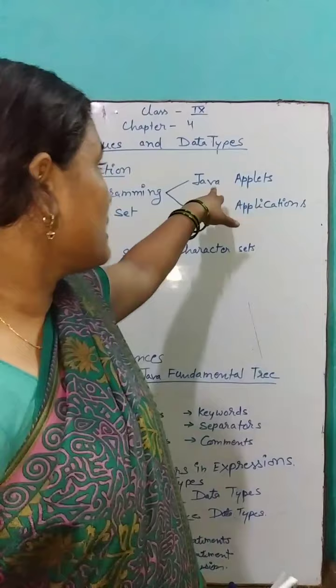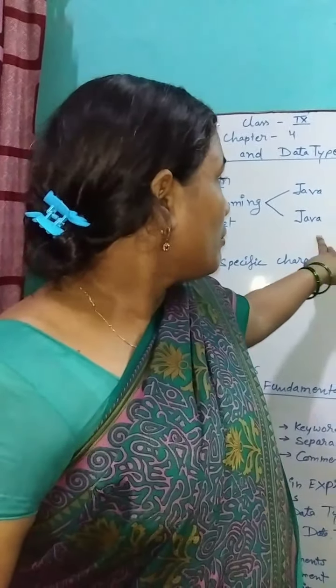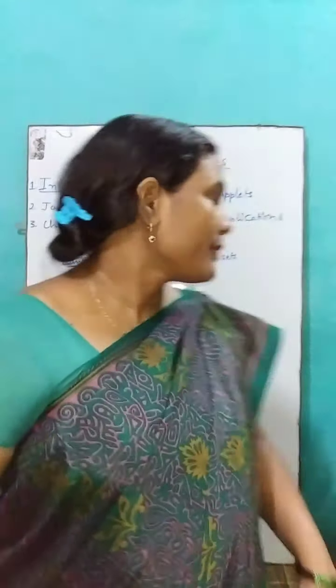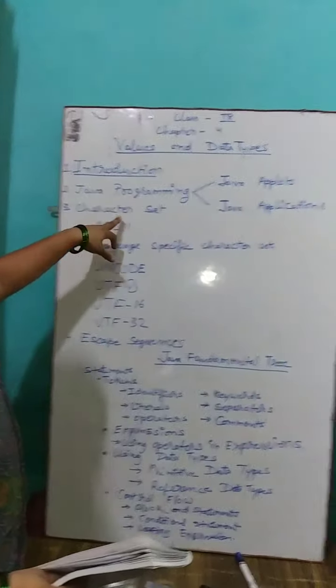Applets require an HTML viewer, web browsers, protocols, and many other online software that support applets. But a Java application does not require any kind of web browser, internet viewer or protocols because it works on a standalone system. Okay. So next is character set.